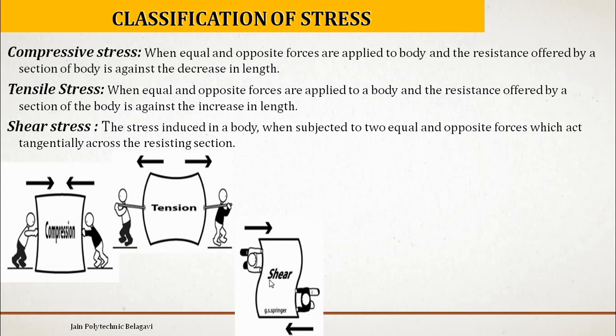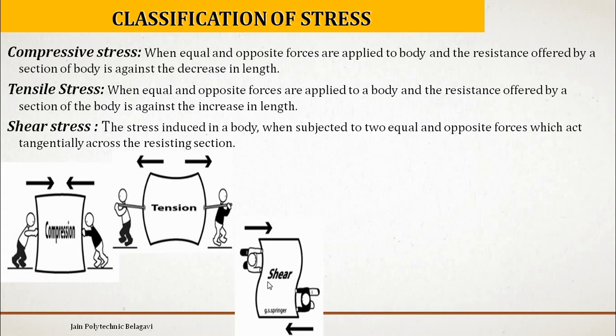So where does this frictional stress occur? At the middle section of this box. That shearing stress or shearing resistance is said to be shear stress. The stress induced in a body when subjected to two equal forces opposite in direction, which act tangentially across the resisting section.